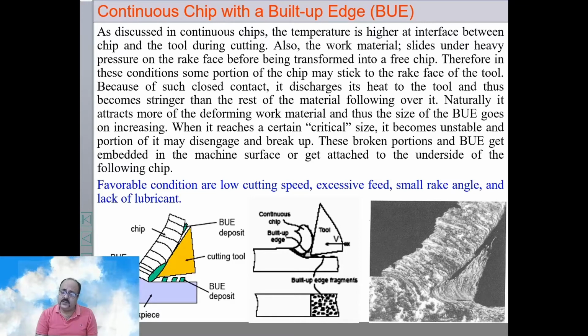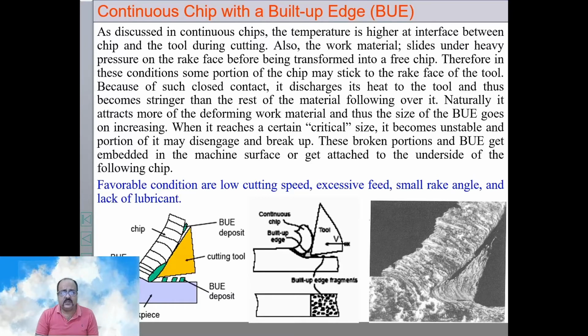This phenomenon continues until a critical size is reached. When this critical size is reached, what happens? After that, it fractures. Now, the problem occurs when it fractures. The fractured pieces may get deposited on the machined surface, spoiling the surface finish. So, therefore, it is highly unwanted.